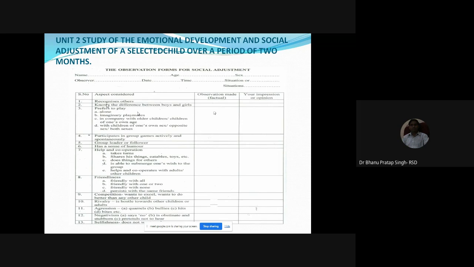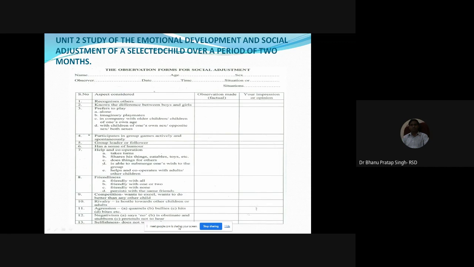And negativism: the child may have the tendency to say no to each and every task, or may be obstinate and stubborn, or may pretend not to hear.